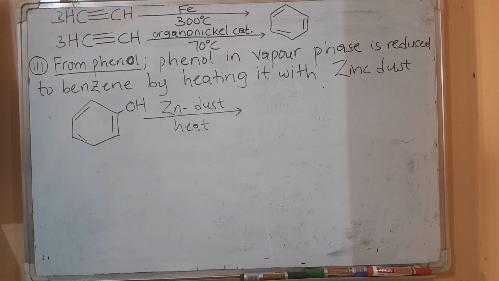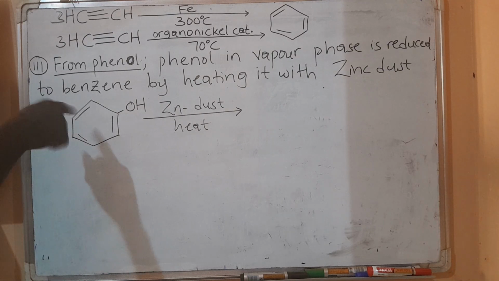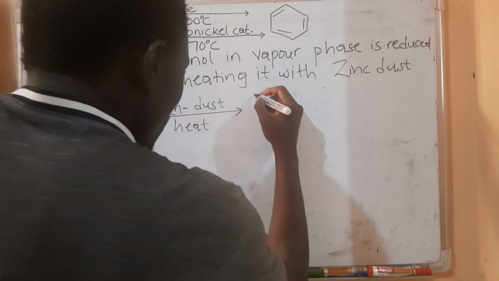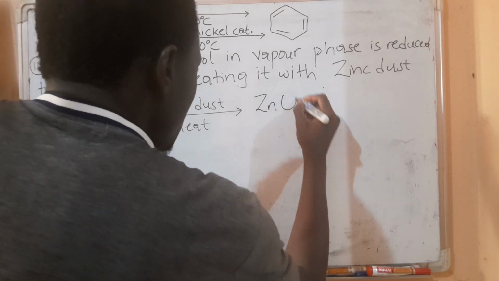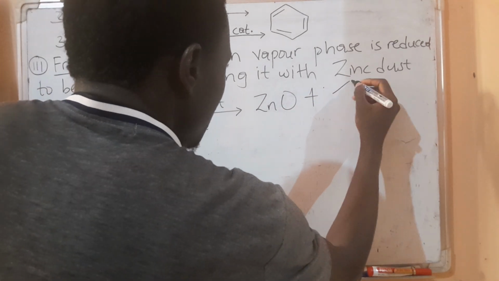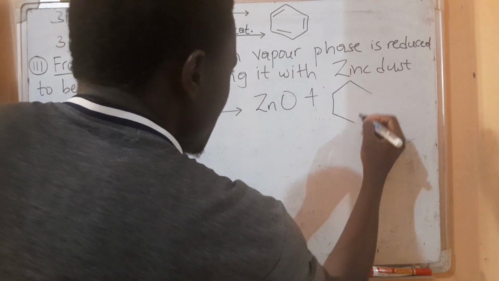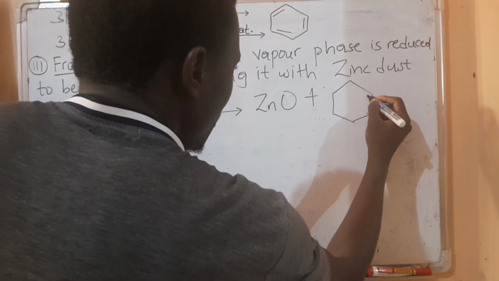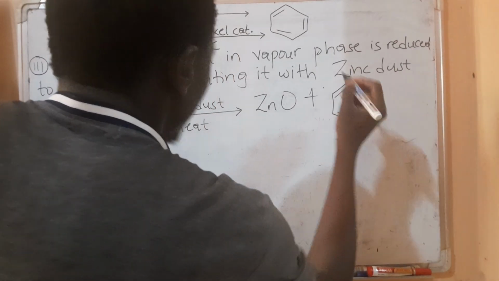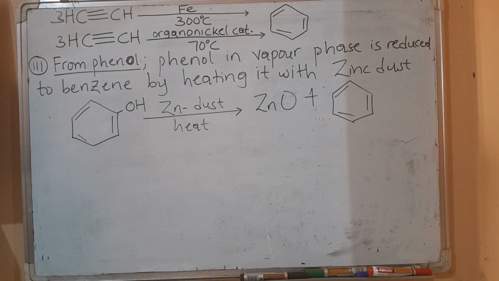So zinc as well is a highly electropositive metal, implying that it is a strong reducing agent. Being a reducing agent, it is going to reduce phenol. Reduction, that is removal of oxygen. It is going to remove oxygen so that we form zinc oxide, plus benzene. So that is from phenol.